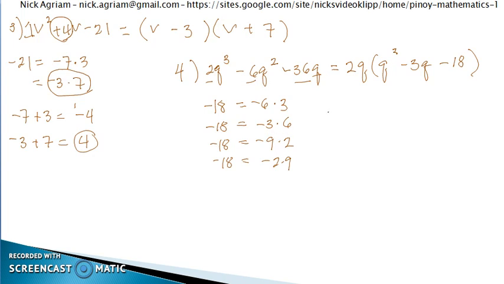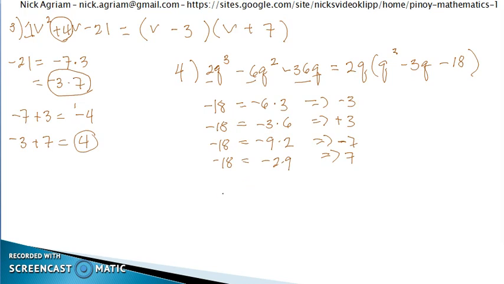So if we add these, we have negative 6 and 3, then we have negative 3. We already have ours. This one is positive 3. No. This one is negative 7. No. This one is positive 7. I hope I said negative 7, not positive 7. Sorry if I said positive. It is negative 7.